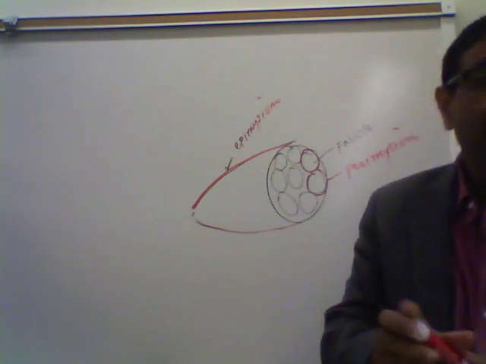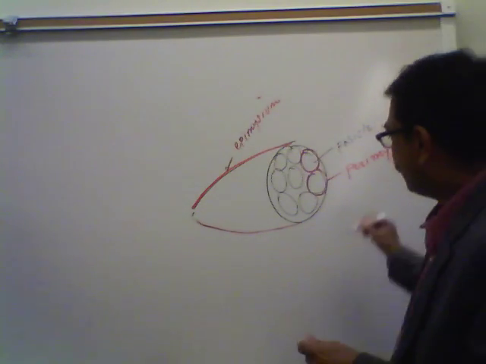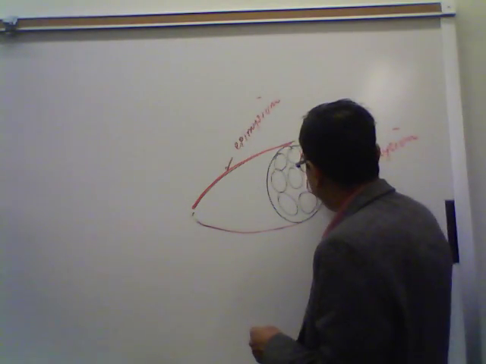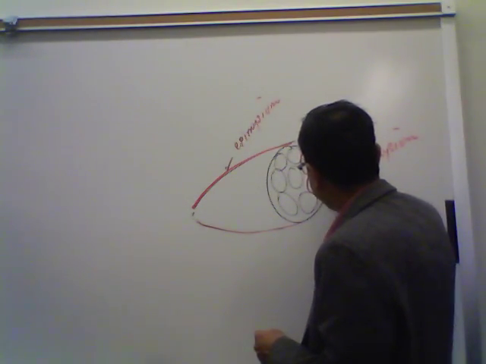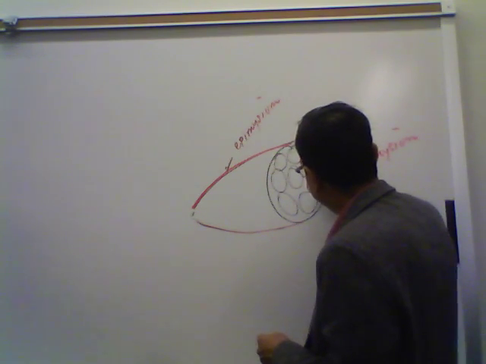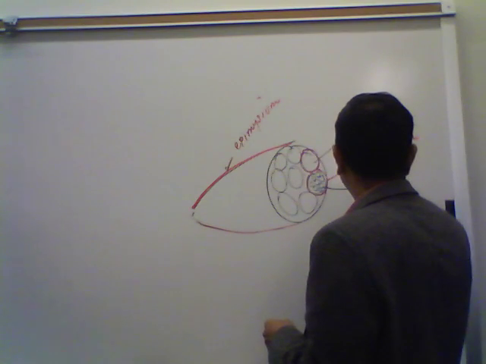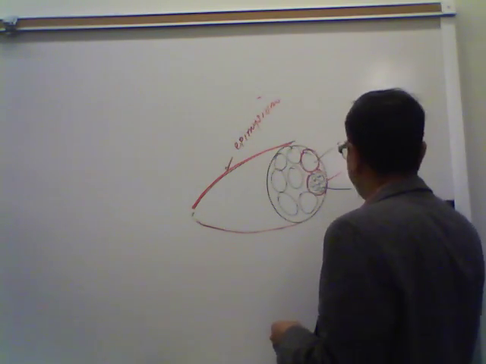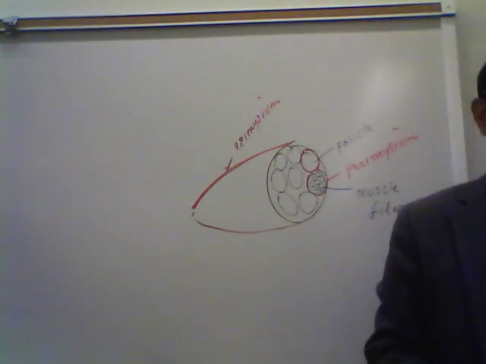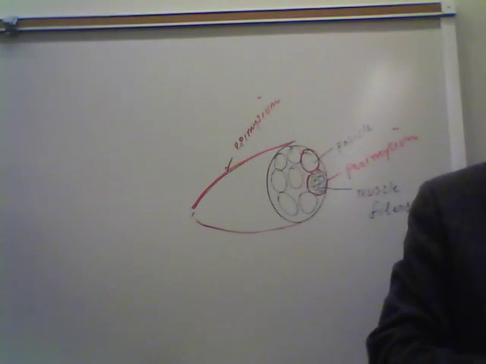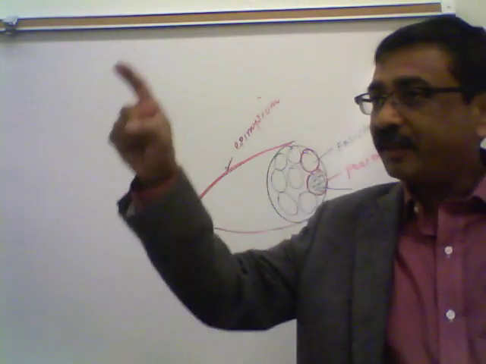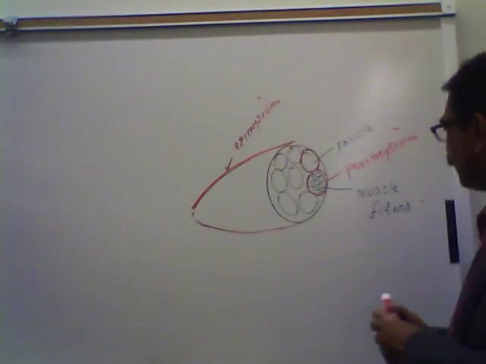Then inside the fascicle again you have smaller columns like this. These are called muscle fibers. Okay? Muscle fibers.